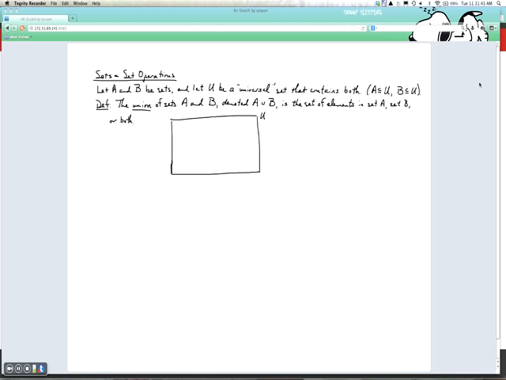That represents the entire set, universal set U, and then we use overlapping circles to represent the sets A and B. So when I'm talking about the union, I'm talking about everything in the set A, so that's all of this, or in the set B, or both.